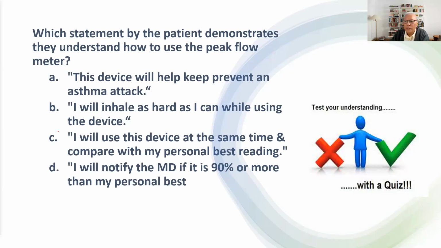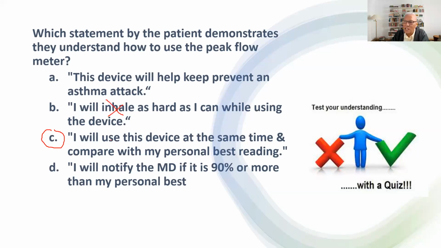Okay, very good. The answer is letter C. This option is obviously the correct response. Option A is wrong because this device monitors how controlled a patient's asthma is and if it's getting worse. It doesn't make the lung stronger. Option B is wrong because the patient exhales as hard as possible.